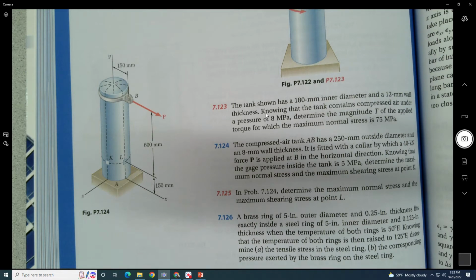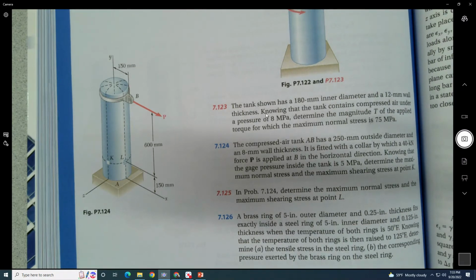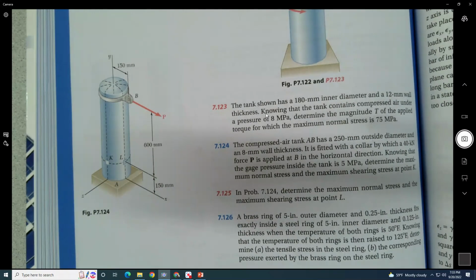That little part of B is further out than the diameter. No, I had that right. That's the right dimension, but the outside of this thing is like 125. Yeah, okay, so it's just where the bracket goes. And so the outside diameter, they say, is 250 millimeters. And the wall thickness is 8 millimeters.